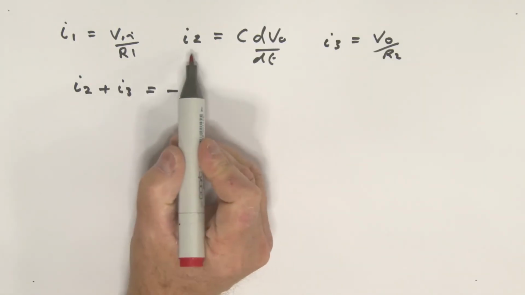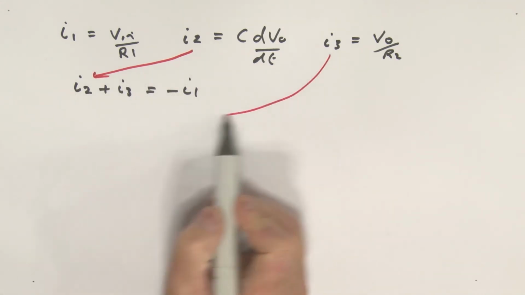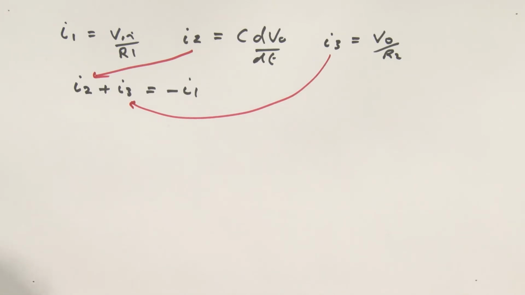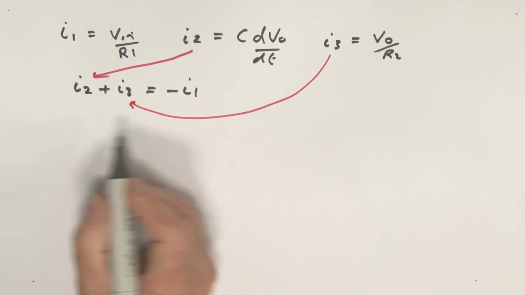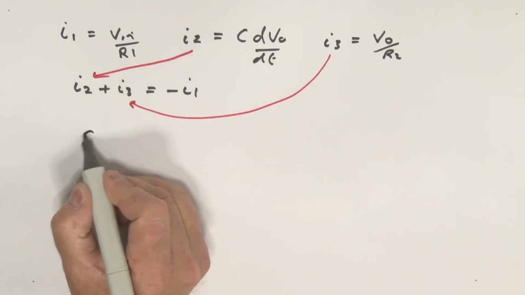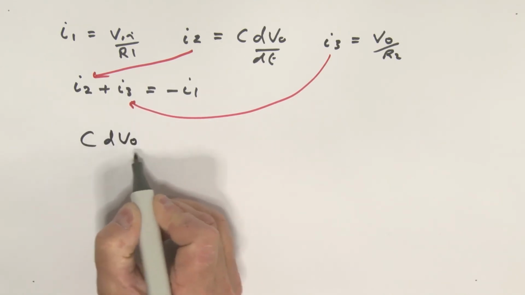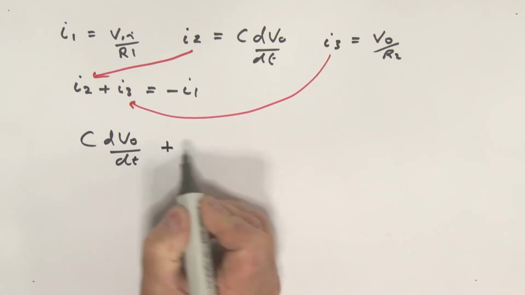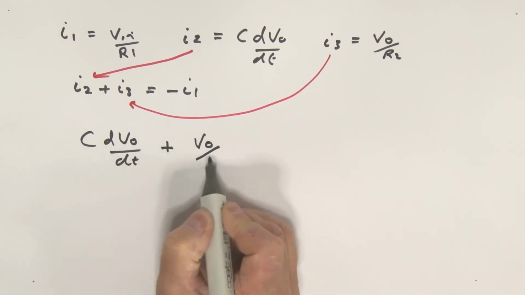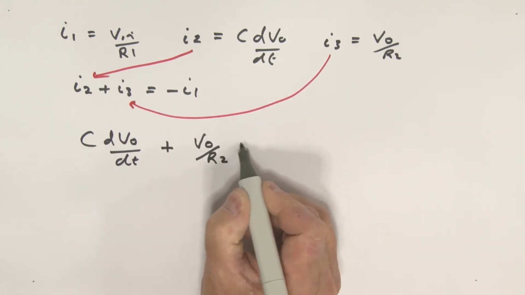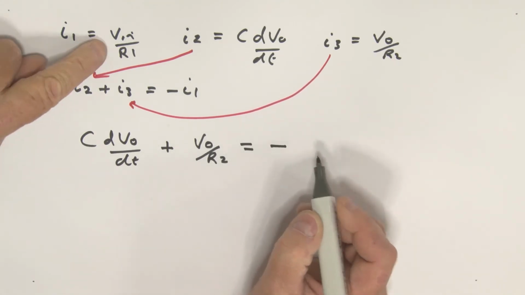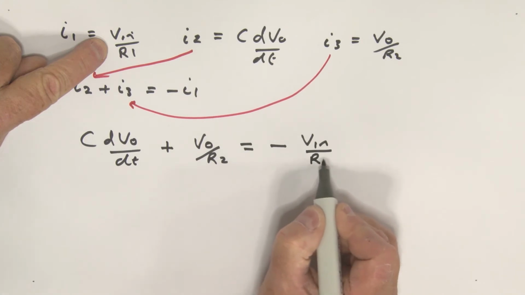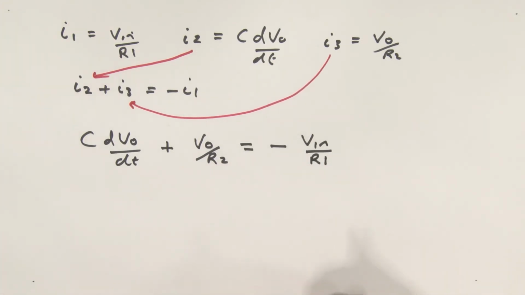Okay, let's put in these values. So we'll put this into here, we're going to put this into here, and we're going to put the I1 into here. Doing that, what do we get? We get I2, which is C dVO by dt, plus VO divided by R2 is equal to minus I1, which is this V in divided by the R1 resistance.